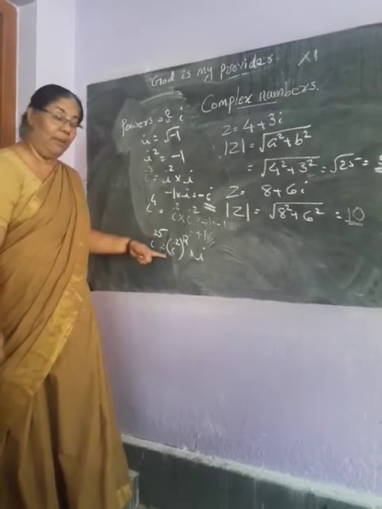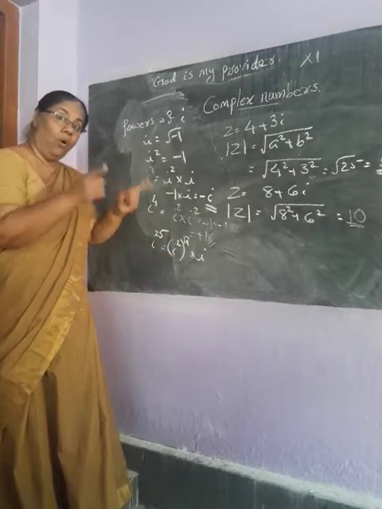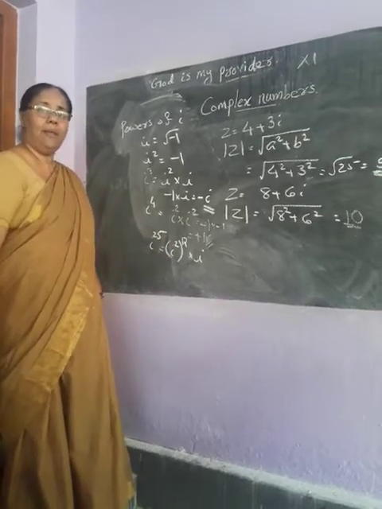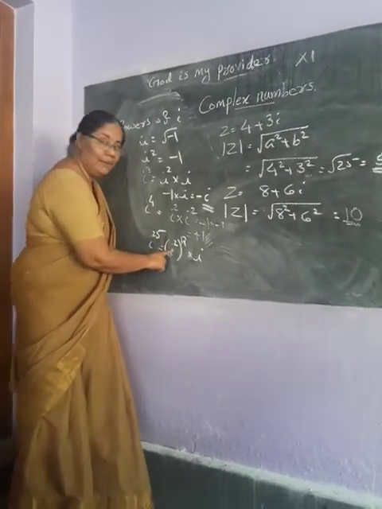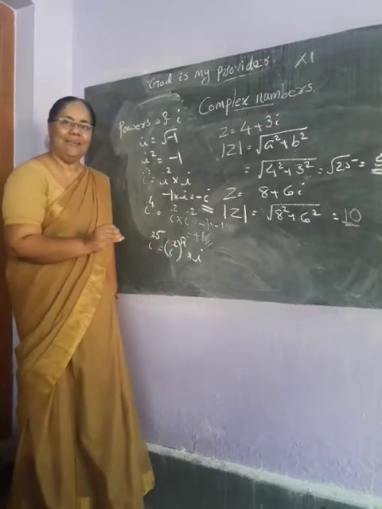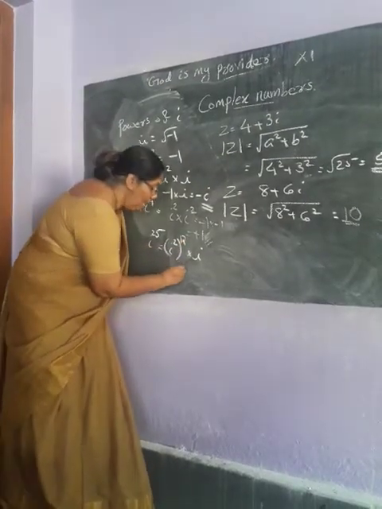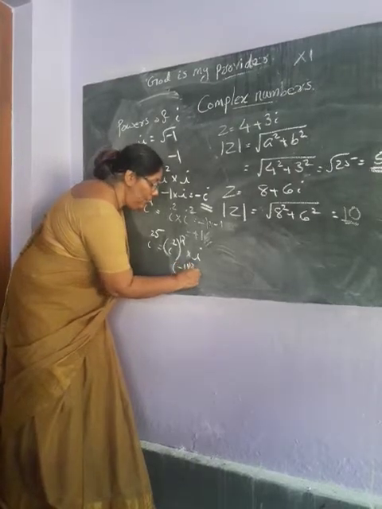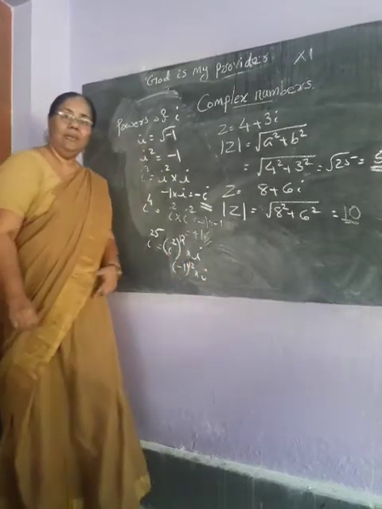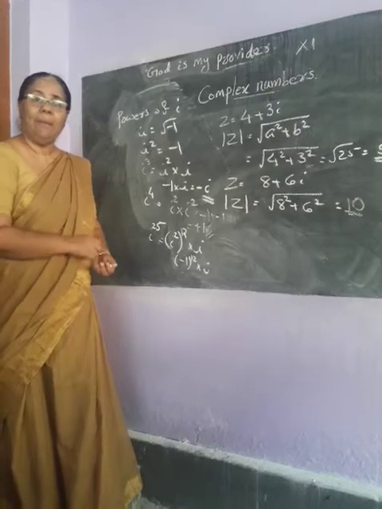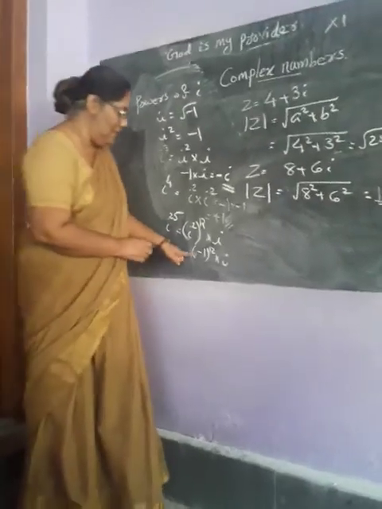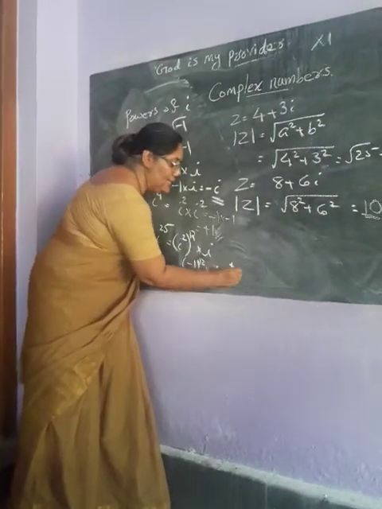Therefore, another formula, a raised to m, the whole raised to n, is a raised to mn. Therefore, here we convert the terms to the lowest power. So i square raised to 12 means minus 1 raised to 12 into i. Minus raised to an even number gives a positive answer, isn't it? Therefore, the final answer is plus i.